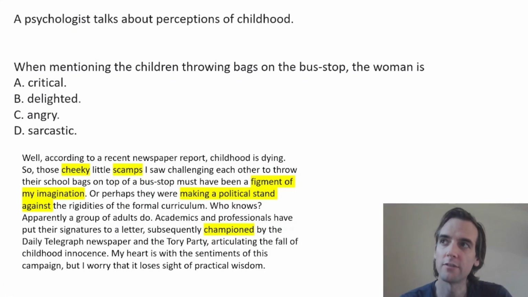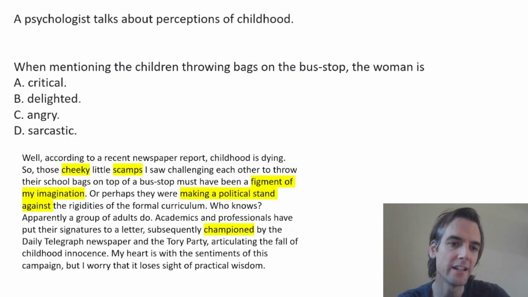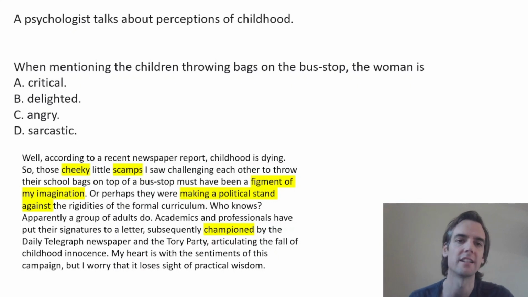I'm not going to talk about writing and speaking because the input you get from reading, listening, use of English, ideally you would be using as your output in writing and speaking. These are the kind of expressions that Cambridge have decided are C1 level expressions. So if you can use them in your writing and speaking, it's very, very impressive. That's what they want to see.